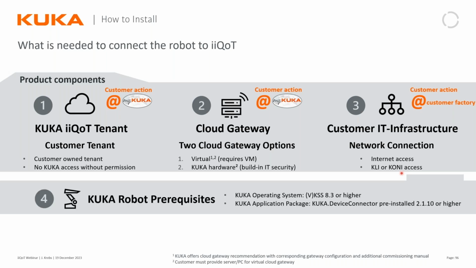And last but not least, the robot prerequisites: we need the operating system KSS 8.3 or higher, and you need the technology package called KUKA Device Connector pre-installed, 2110. Don't worry about it. If your robots have an older version or none at all, it is a complete cost-free software package from KUKA. You install it, that's it, and it will be activated automatically once you set up your gateway.